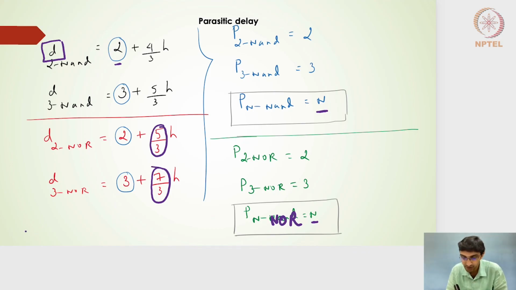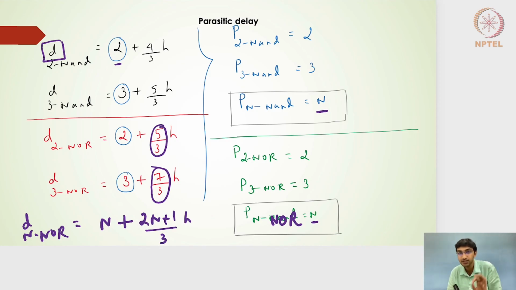So overall, the delay for the n-input NOR gate will be nothing but n, normalized, plus (2n + 1) divided by 3 times H. And if I want an absolute value of the delay, I have to multiply by 3RC, right? Because we have always taken a ratio while calculating the normalized delay.